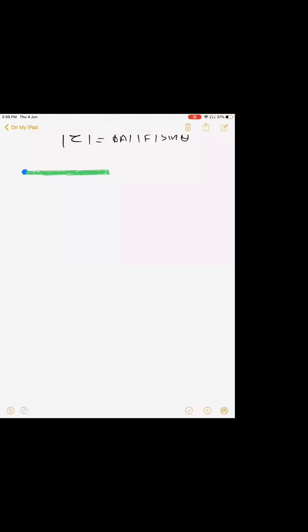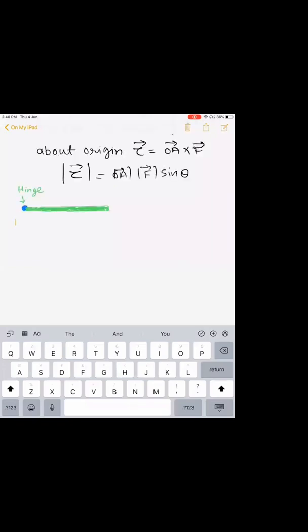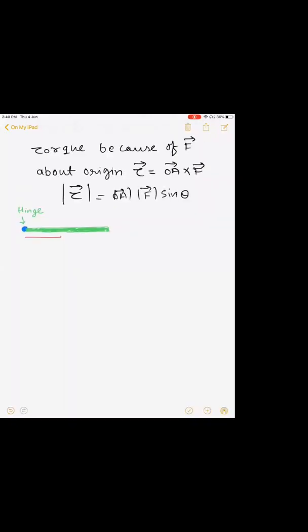And a lot of forces are acting on it like this. One force at a distance of 0.5 meter is acting in this direction, at 45 degrees.